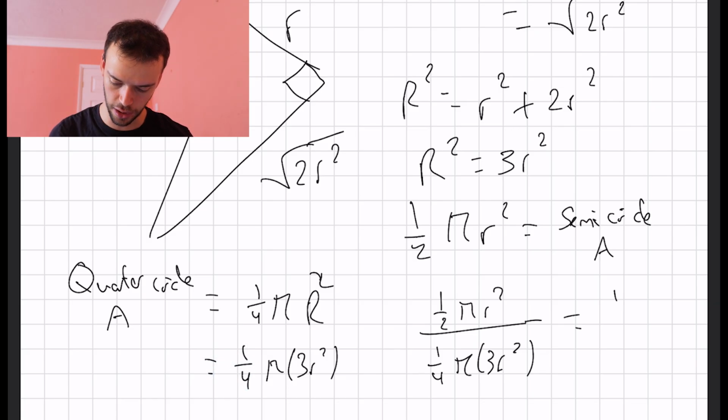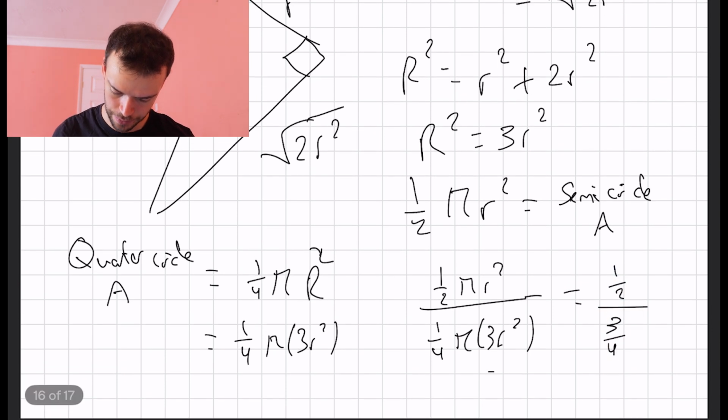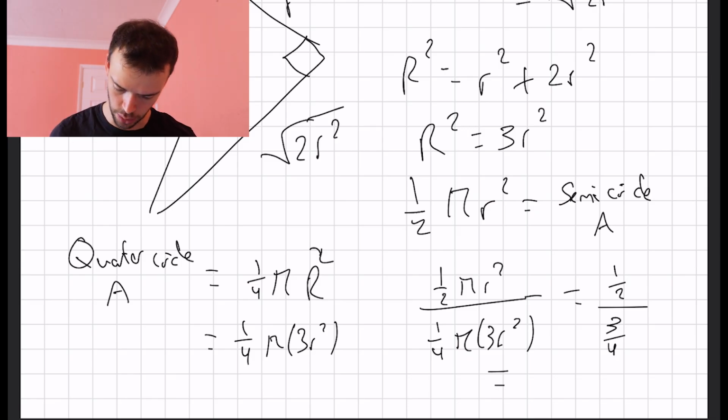So we're going to have a half in the numerator all over 3 over 4. So we just need to do a half divided by 3 over 4. Remember, when you divide by fractions, you can just multiply by the reciprocal. So we have a half times 4 over 3.